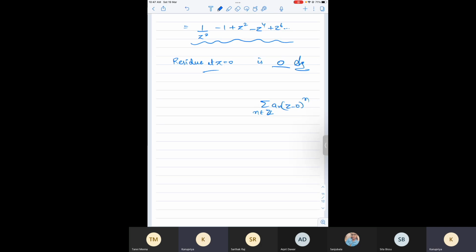Now, next thing is we have to calculate the Laurent series around iota and minus iota also. So how can we do that? This is the function, right? We can write it as (z minus iota plus iota) whole square, then (z minus iota) as it is, then (z minus iota plus 2 iota).